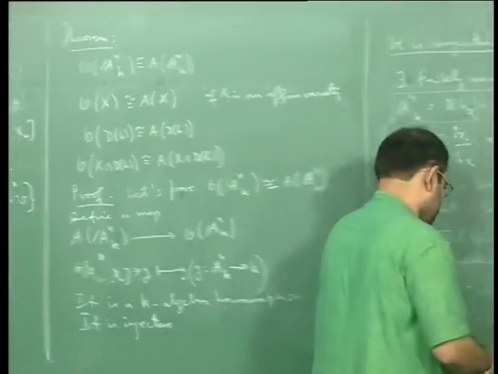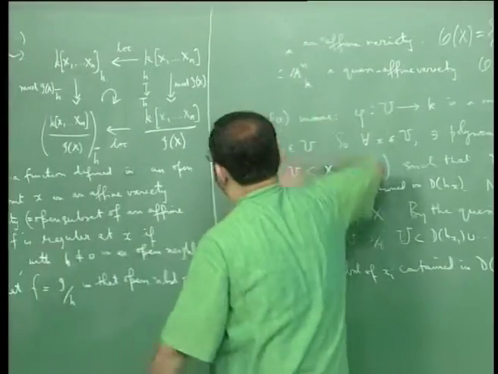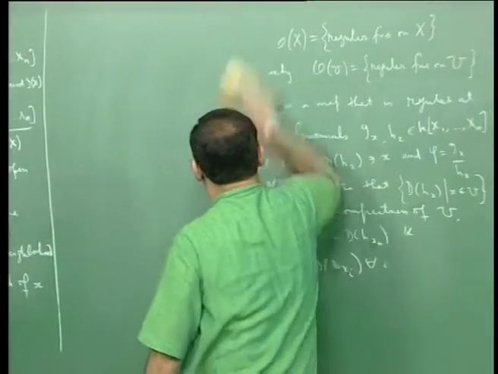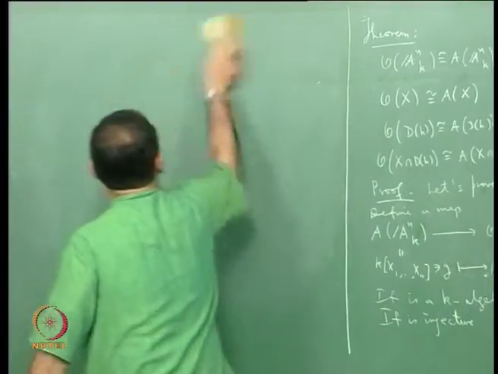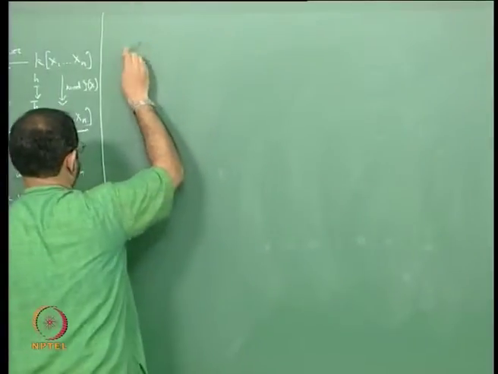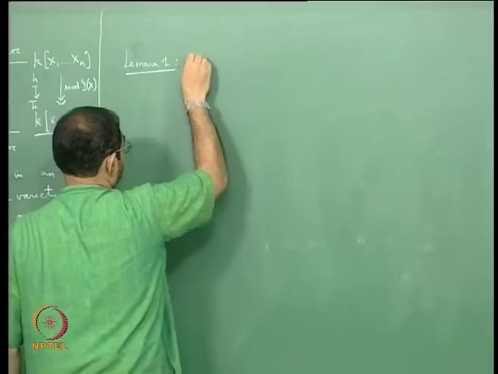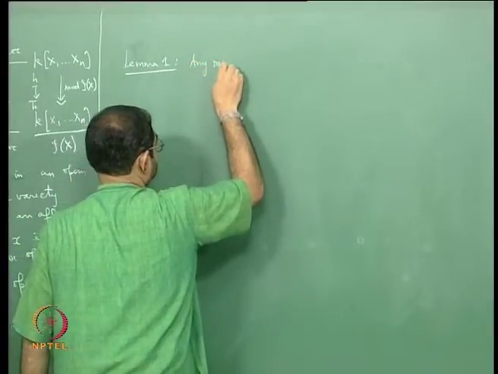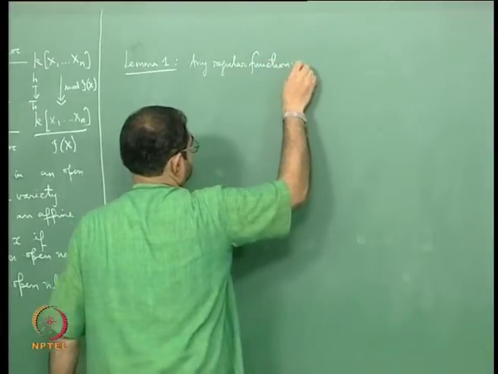So let me write that down so that you know. Let me rub this side; I still want this side of the board, so let me write that down so that it becomes clearer to you. Here is a lemma. Lemma 1: any regular function is continuous.